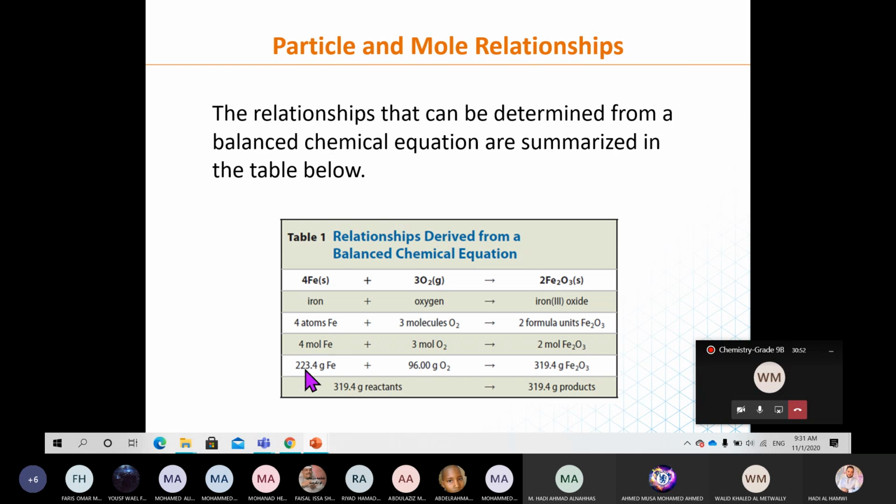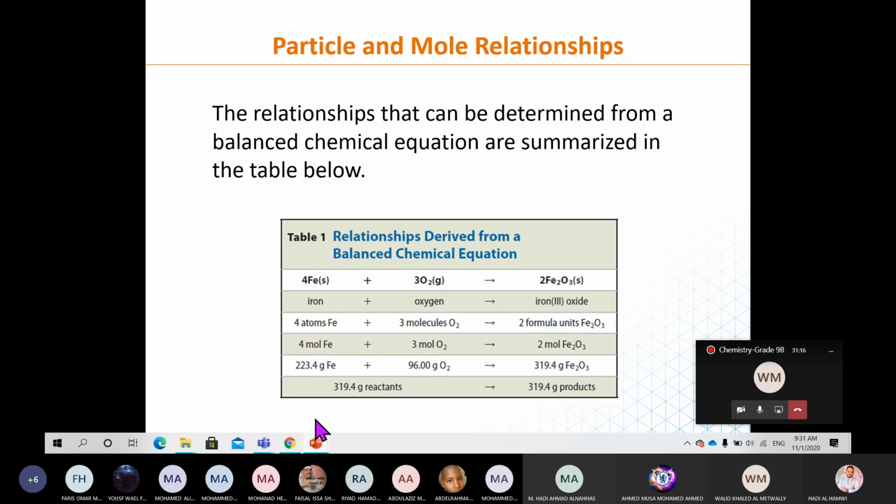So you have 223.4. The same thing for oxygen: you can find the mass of oxygen, depending on this, mass equals moles multiplied by molar mass. The same thing here.